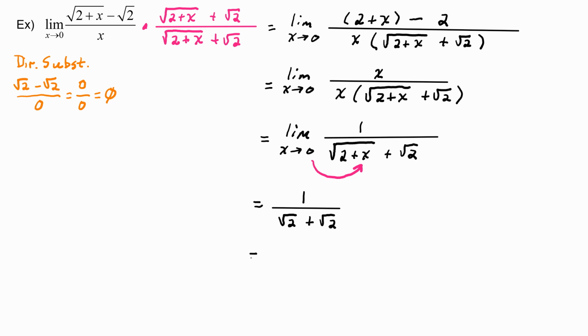Now this is equal to 1 over 2 radical 2. Now we need to rationalize this, so we would multiply by radical 2 over radical 2, and our final result is radical 2 over 4, because this radical 2 times this radical 2 is 2, and 2 times 2 gives us the 4.